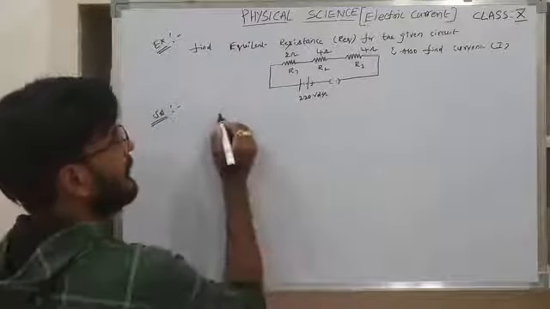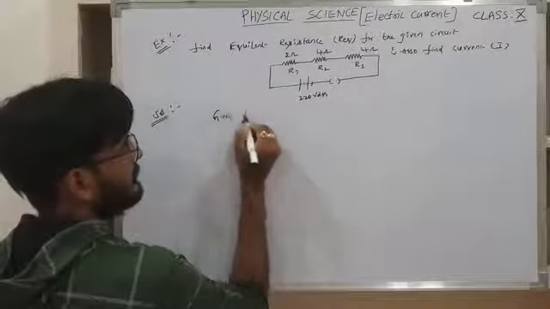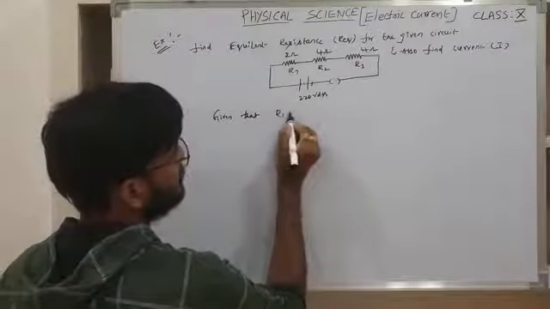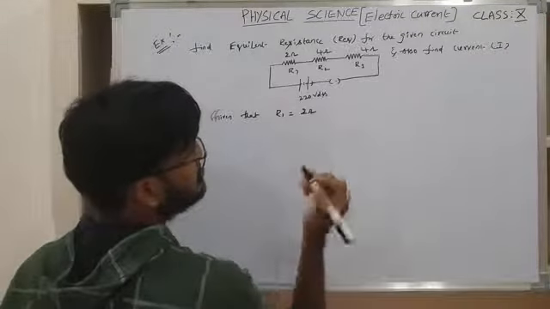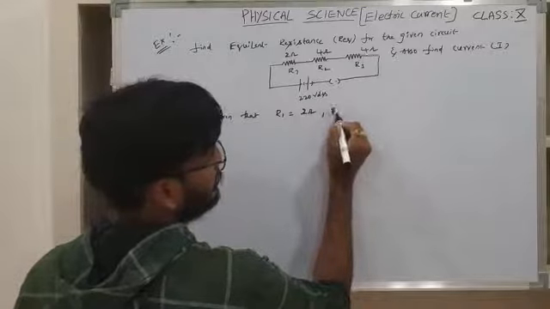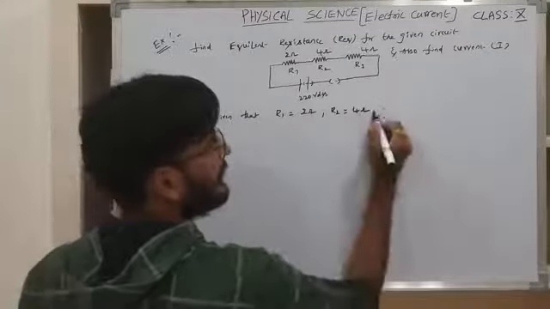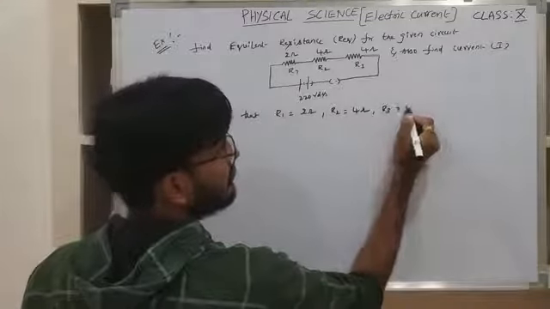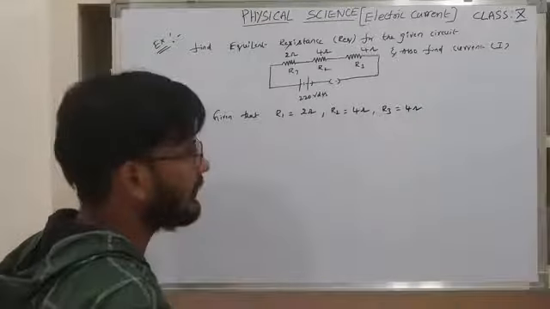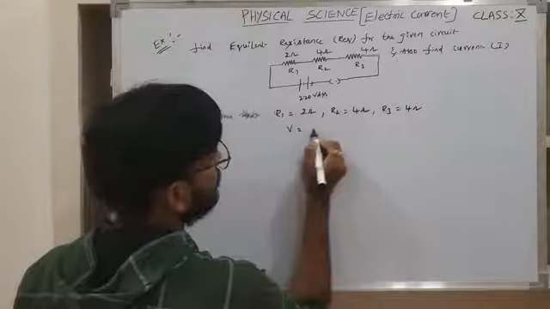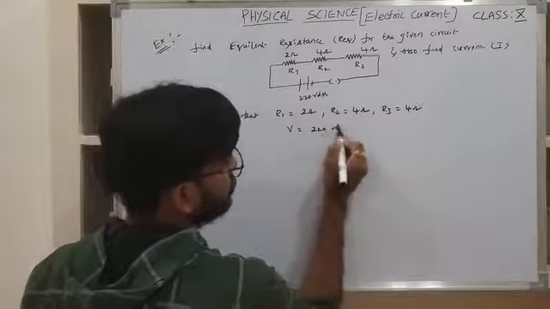Now, given that resistance R1 is equal to 2 ohms, R2 is equal to 4 ohms and R3 is equal to 4 ohms. And how much voltage is given? V is equal to 220 volts.